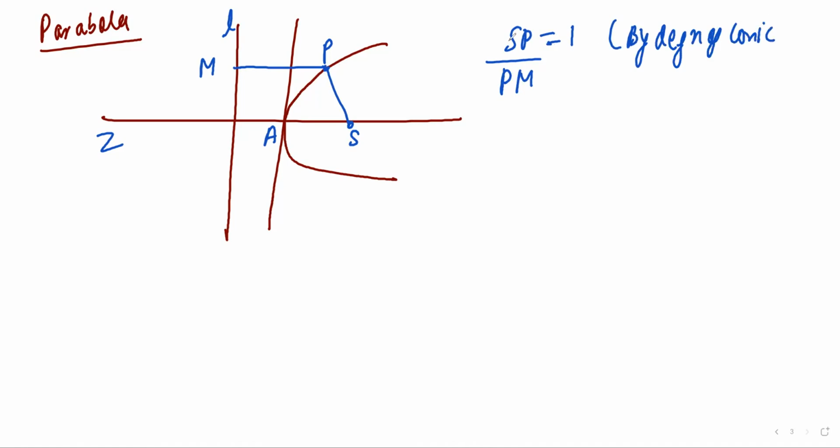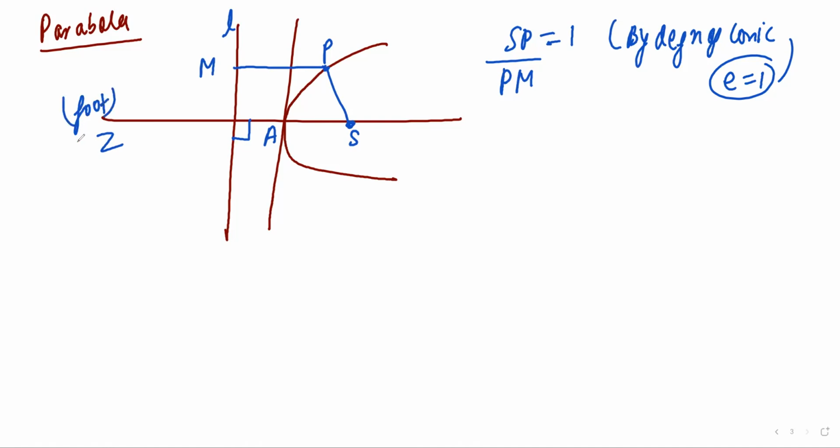Why have we taken 1? Because for parabola the eccentricity is 1. According to the definition of eccentricity of conic, parabola is a conic with eccentricity 1. So Z is the foot of the perpendicular from S. So this is the foot of the perpendicular from S, this point.